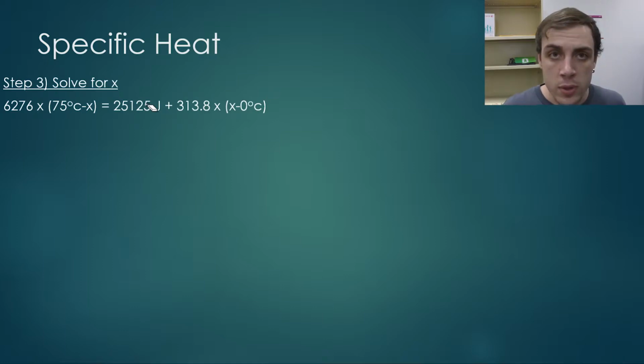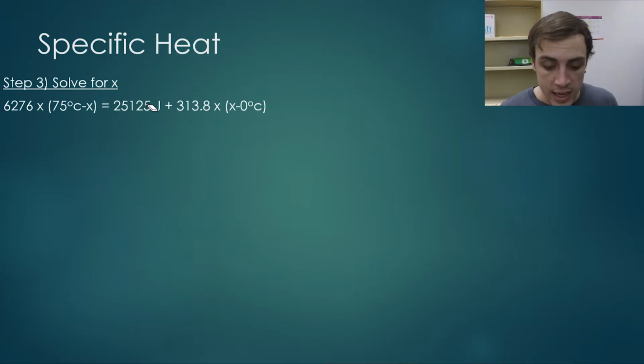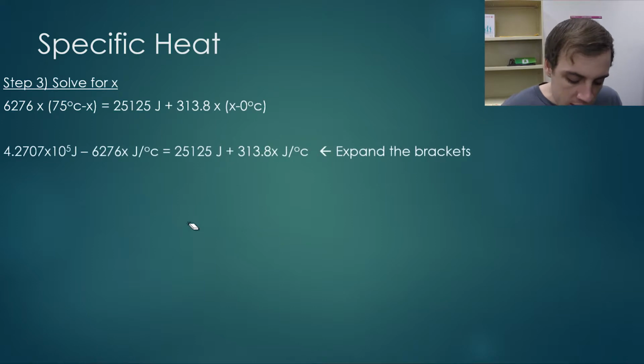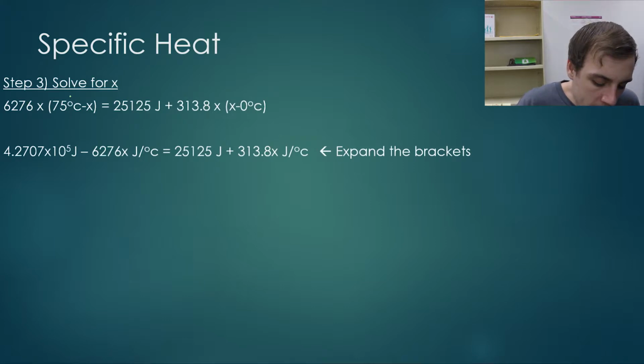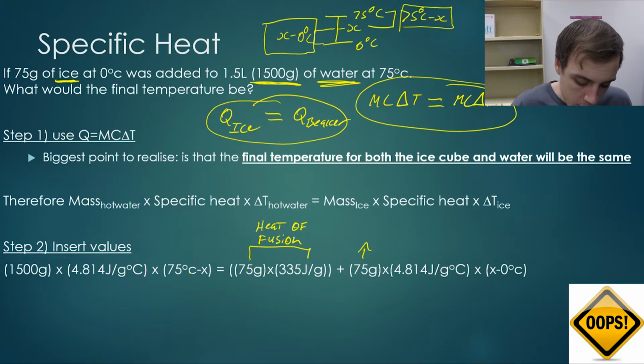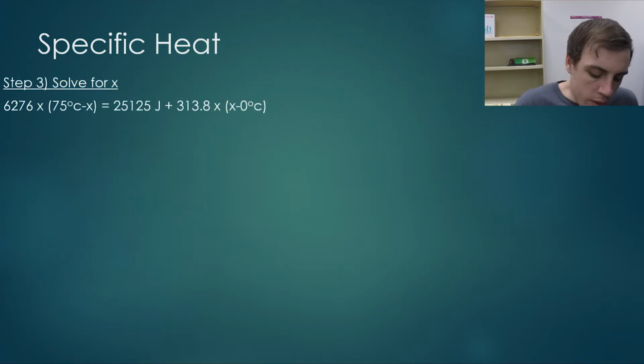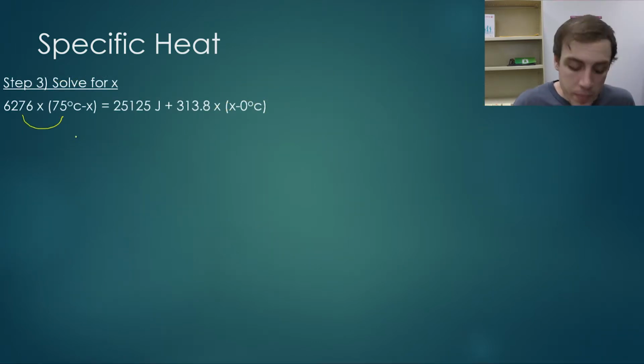Be careful here, okay? This is where it is so easy to make a simple mistake. Our first step is to expand the brackets. So we have 6,276. We got that by 1500 times 4.184. And we multiply this by 75.